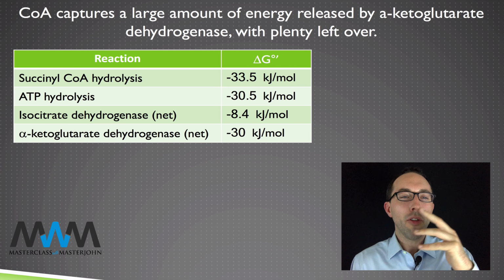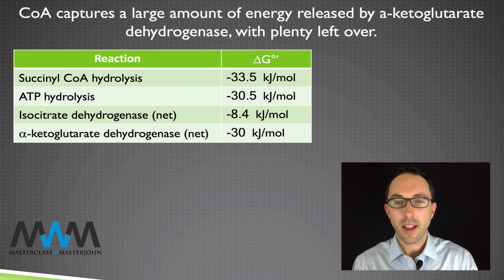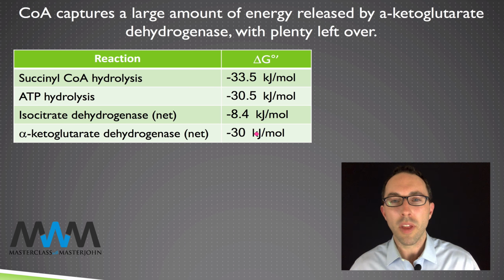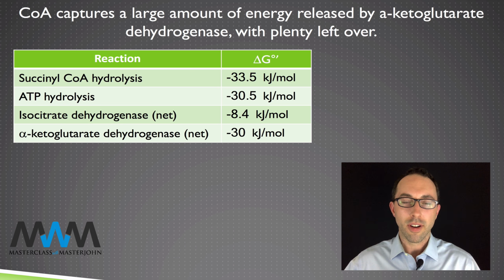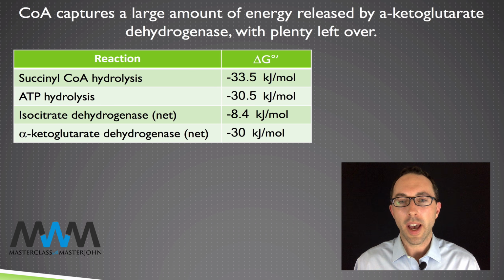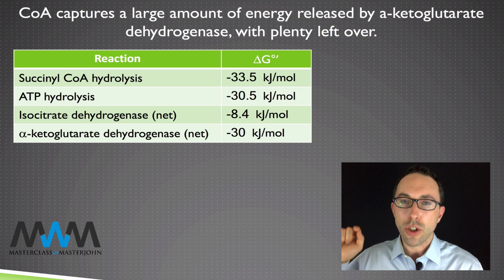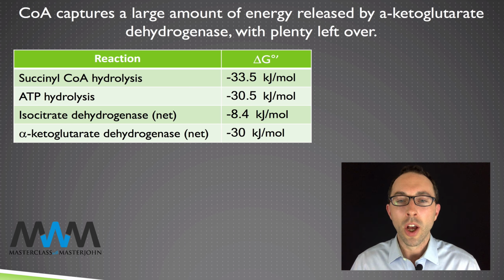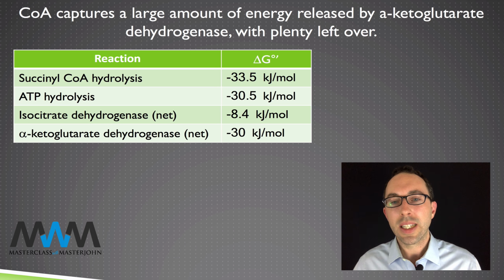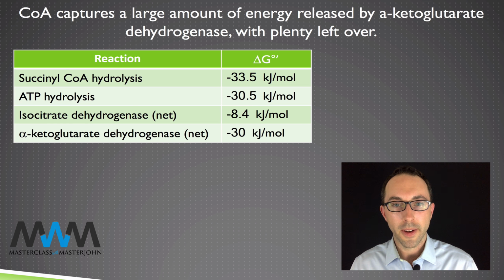After everything in alpha-ketoglutarate dehydrogenase is done, the energy left over is negative 30 kilojoules per mole. That's negative 30 kilojoules per mole that's left over after we produce succinyl CoA. So had we not produced succinyl CoA and stored the energy in the thioester bond, we would have released more than 60 kilojoules per mole.